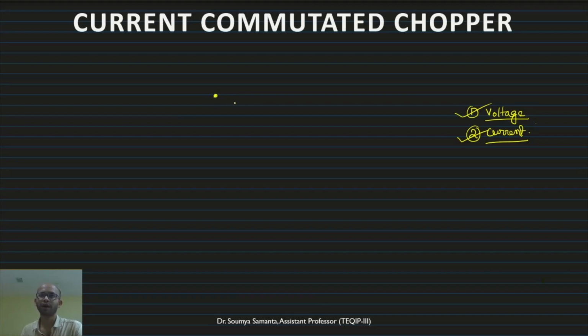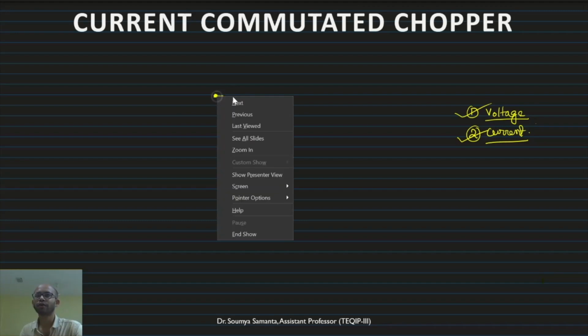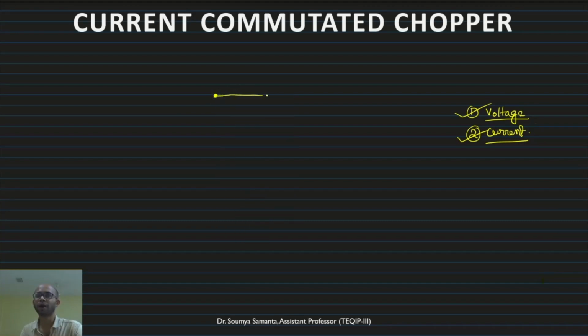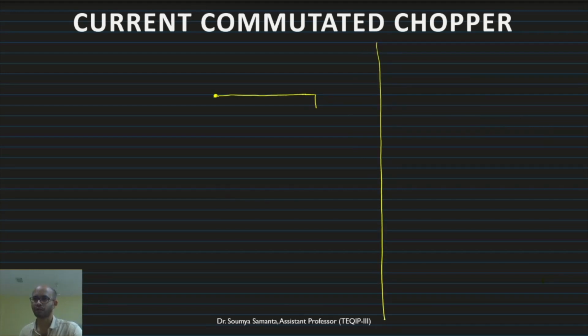From there, I will establish the current commutation circuit. We have taken a buck converter, and today also I am going to take that buck converter circuit. Yesterday I divided the total space: this side is for the circuit part, this side is for the waveform part, and this side I will just draw the circuit.